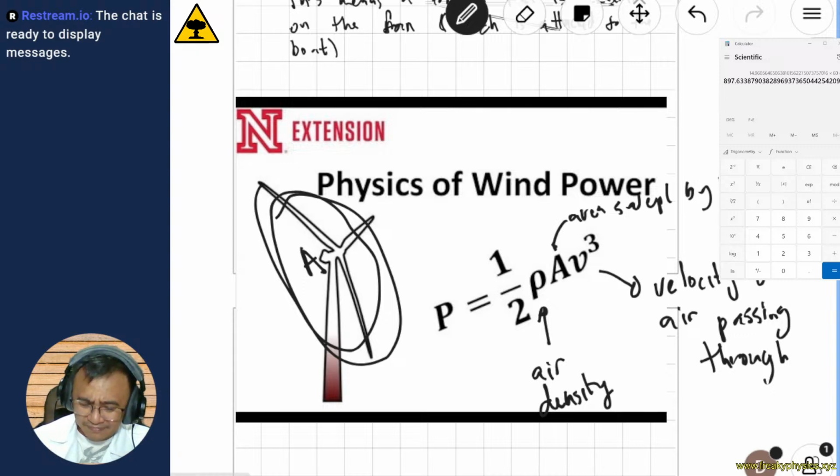Why wouldn't it be correct to use density equals mass over volume? We can use that actually, but we're not given anything about the air, right? You're given the density, and we have the radius.